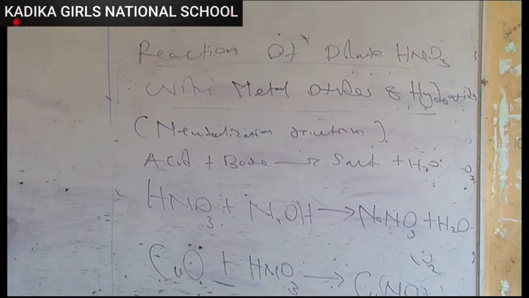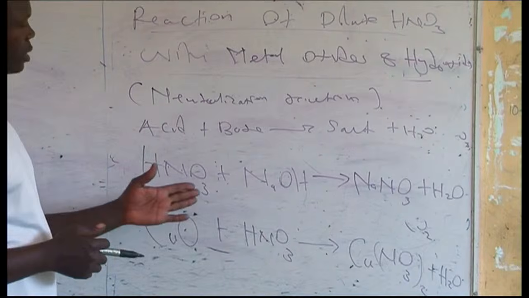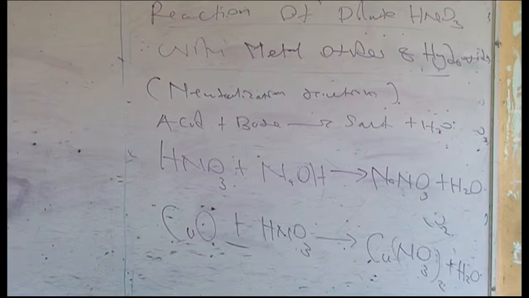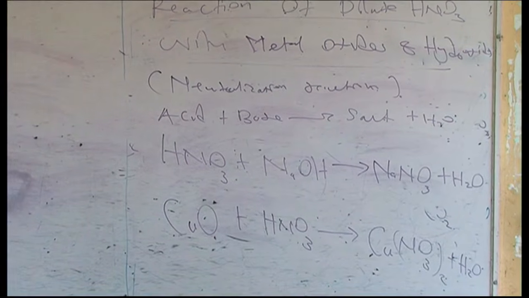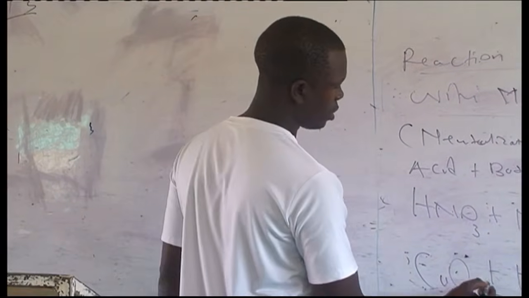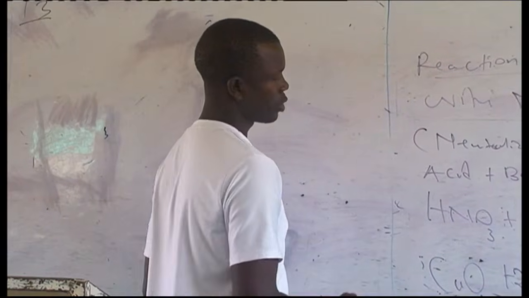So the reaction will lead to the formation of salt and water when both metal hydroxides and metal oxides are reacted with the acid. Very, very important. When we put 2 here, the equation is balanced.